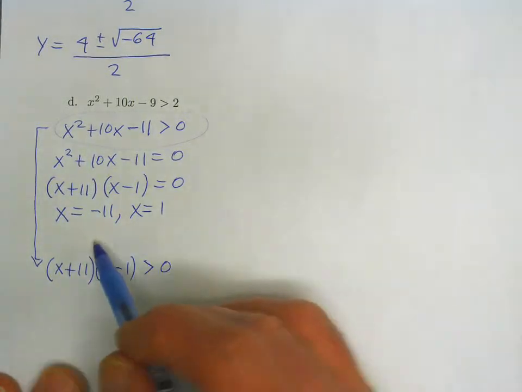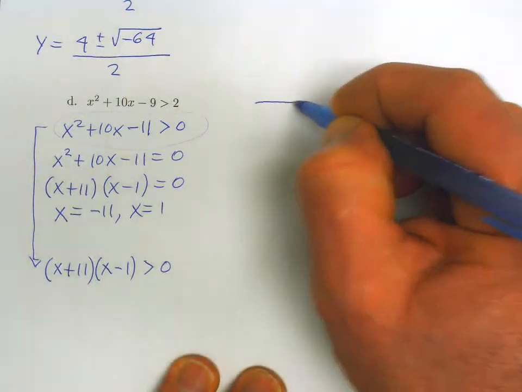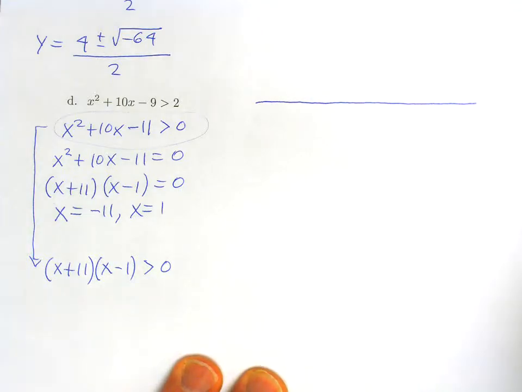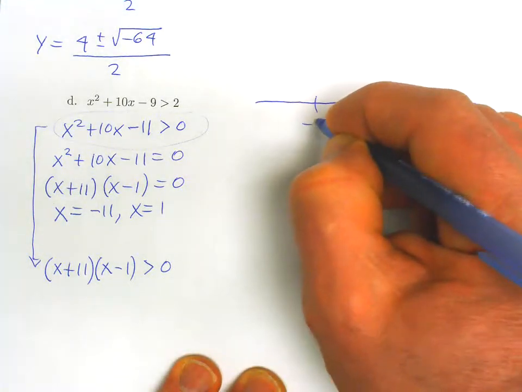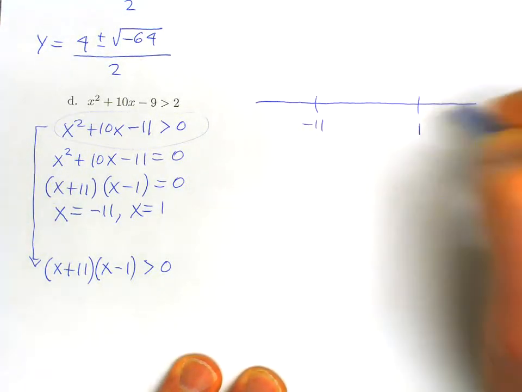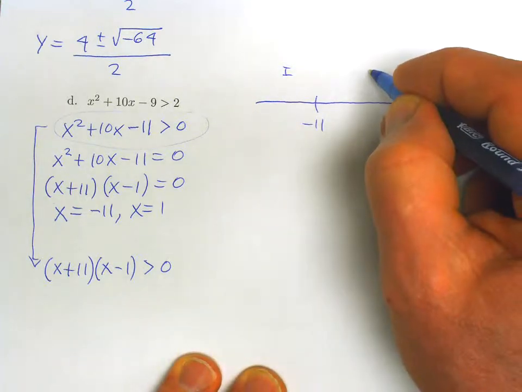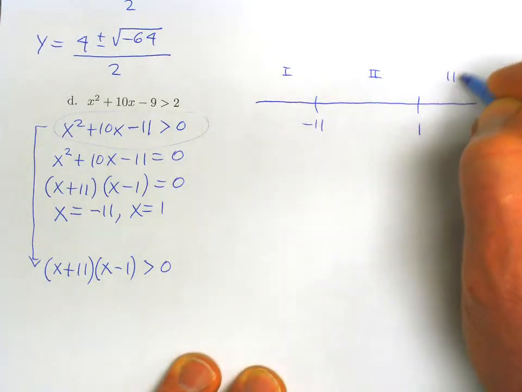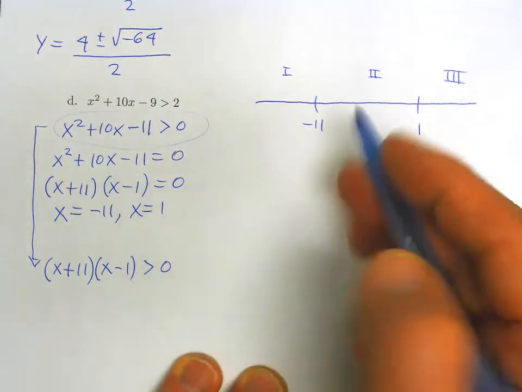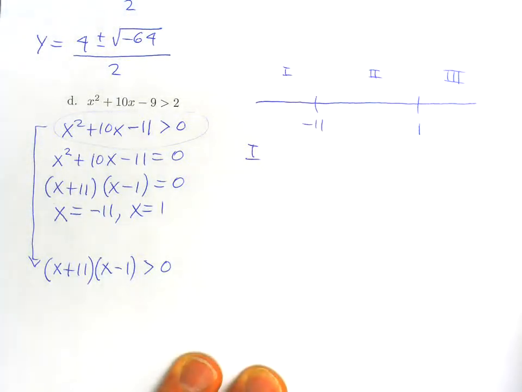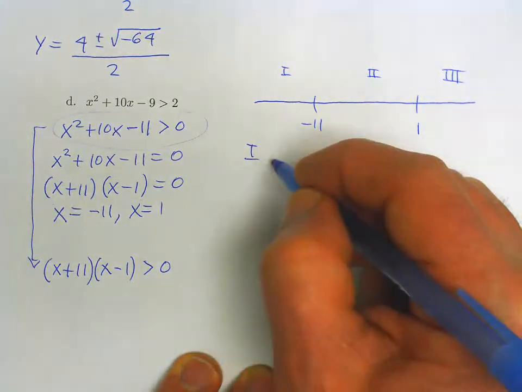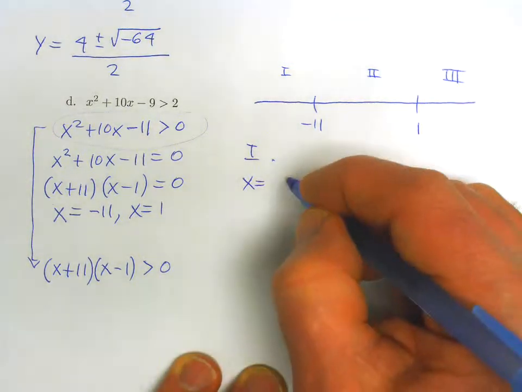Okay, but our endpoints are negative 11 and positive 1. So we have 3 intervals to test. So on the left, in the interval from negative infinity to negative 11, I'll pick x to be negative 12.